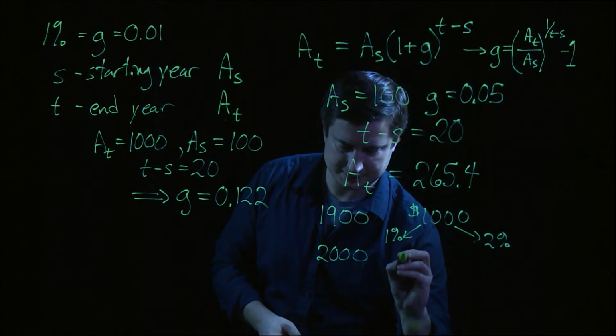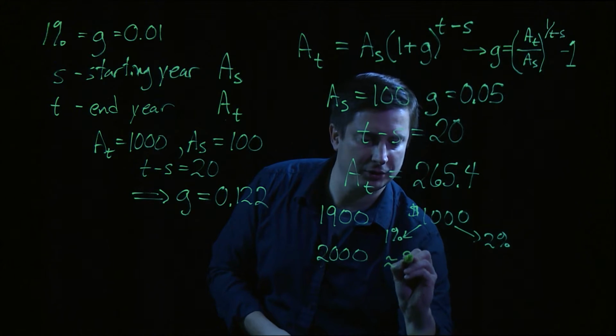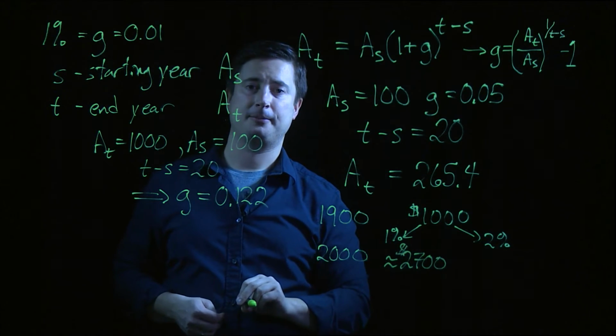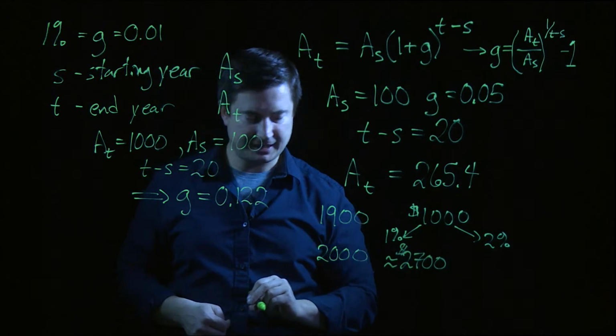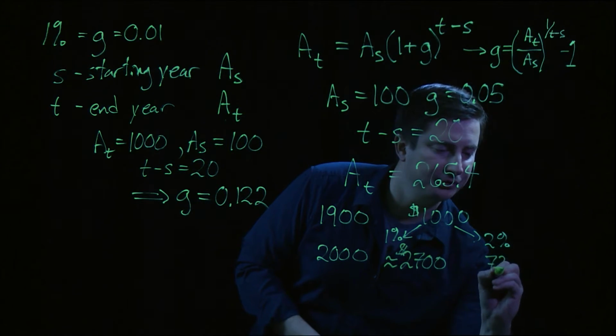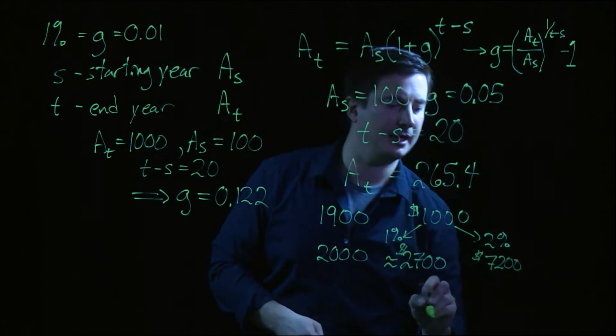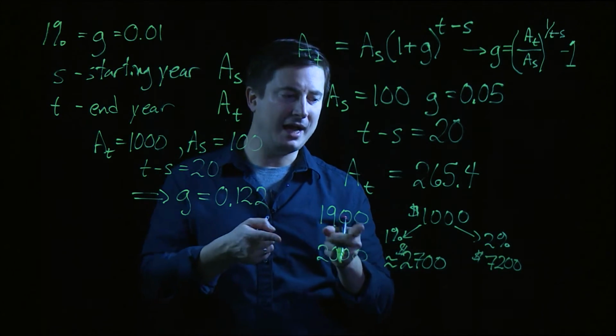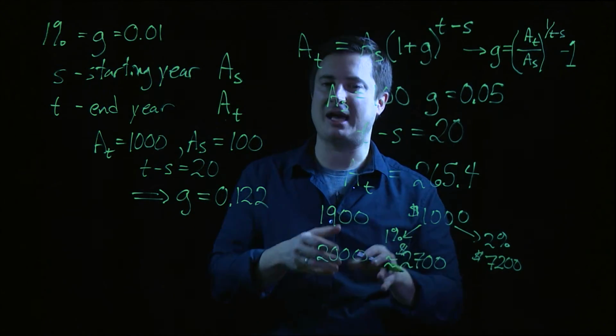So where does that leave us in the year 2000 with these 2 different growth rates? Well, in the first case, it's roughly equal to $2,700 at 1%. In the second case, it's roughly equal to $7,200. Again, applying the 2% growth compounded over 100 years. Why is this simple math important?